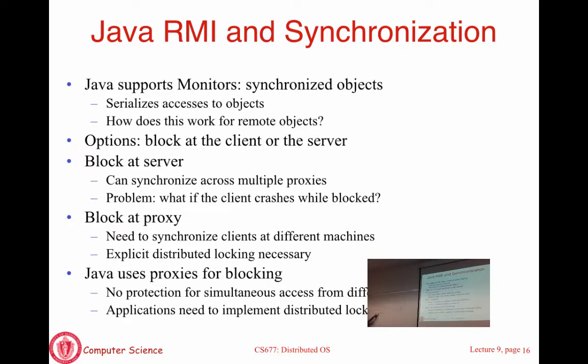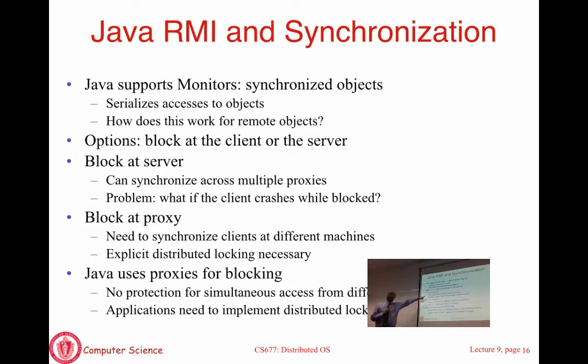If you just add this word synchronized to any method, the method gets a lock associated. What that also means is that when multiple threads try to call this method at the same time, only one thread will succeed. That's the thread that gets the lock. All other threads will block until the first thread exits. Java supports this out of the box with the keyword synchronized. You can turn any method into a monitor or associate a lock with it.